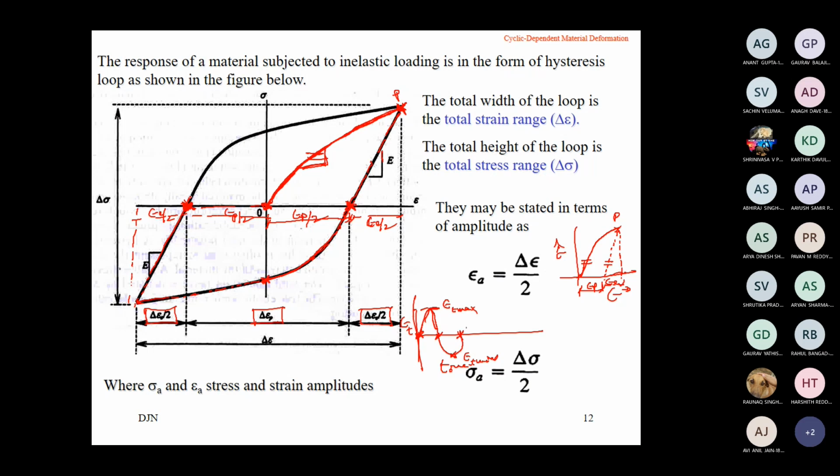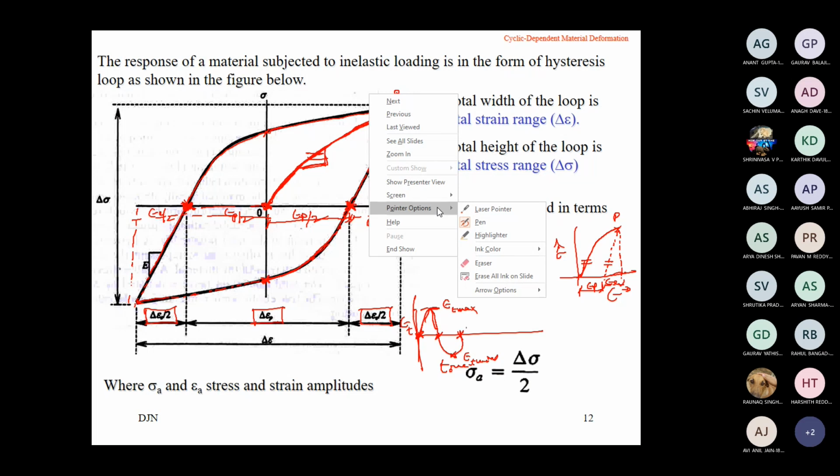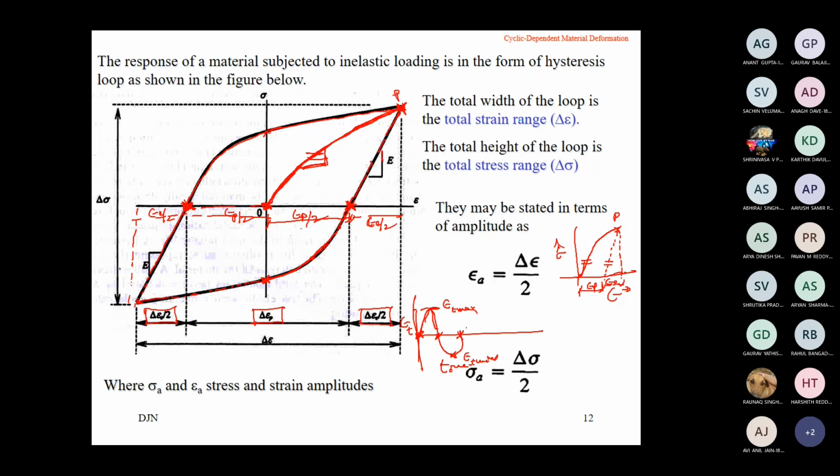The deformation then has to overcome till it reaches zero. By that time, tensile stress is developed, and this loop is then repeated. You will not get the previous path. Okay, next loop is here.